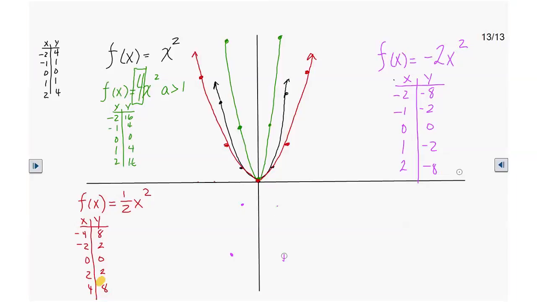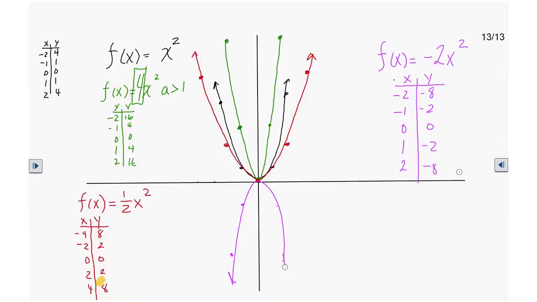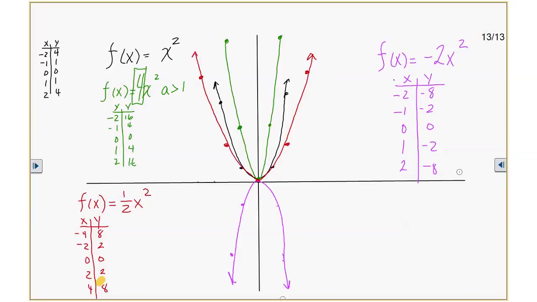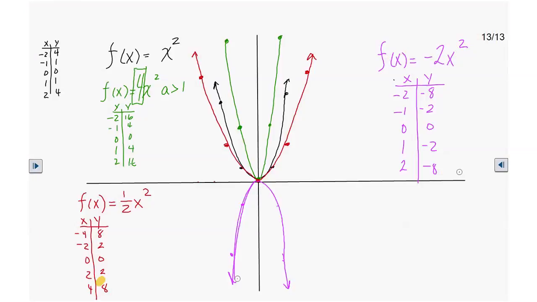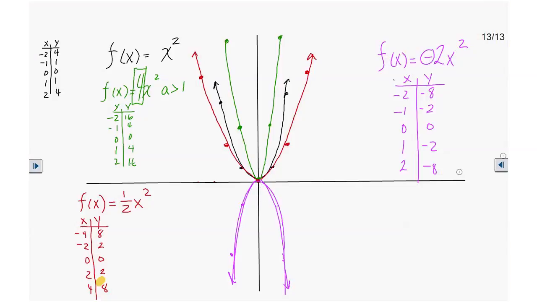Now what do you notice about this one? It's a little bit thinner than the black one because of the 2, but it's opening which way? Down, because of the negative.